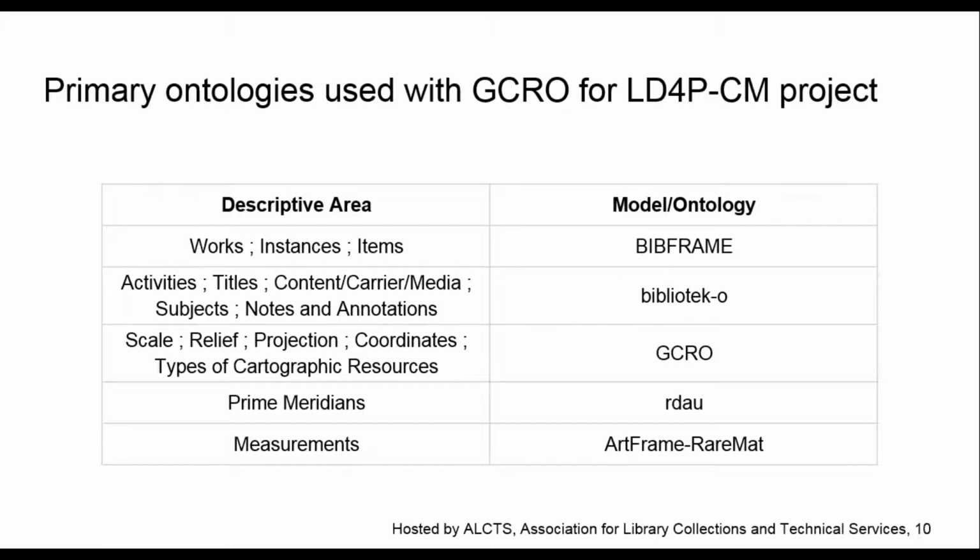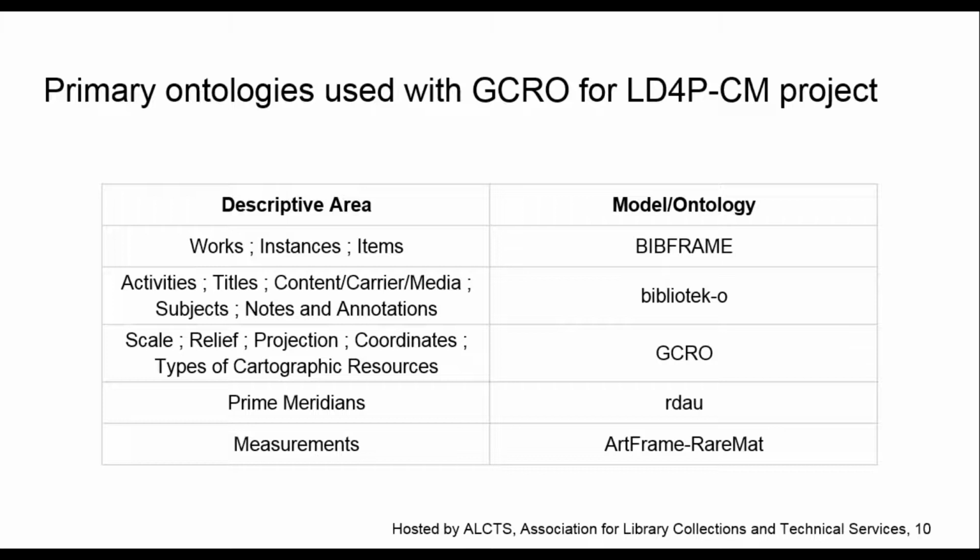At the very top, we're intending to use the work, instances, items model that is presented within BIBFRAME. From there, we intend to use Bibliotek models for activities. The activities model includes things like agents, so publisher agents, author activities, publishing activities. So you typically see your agents embedded within activities.